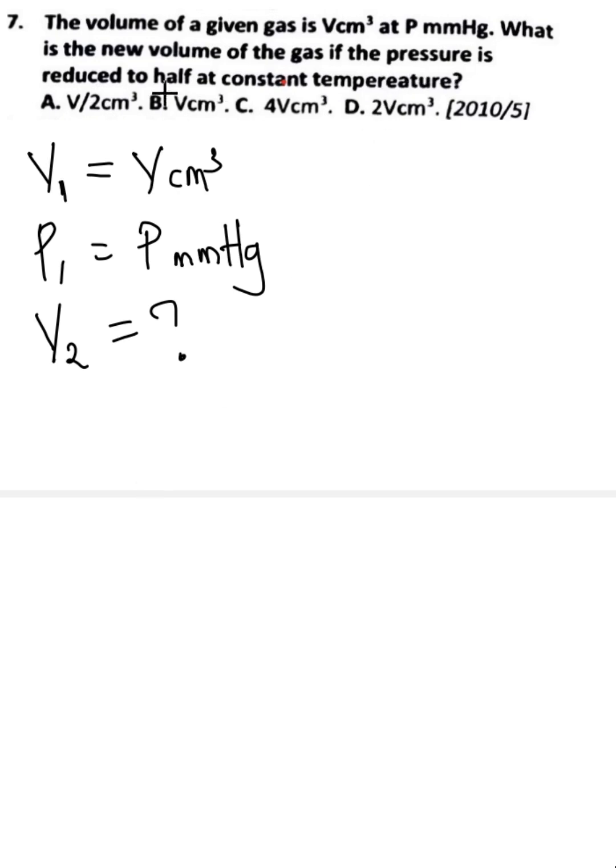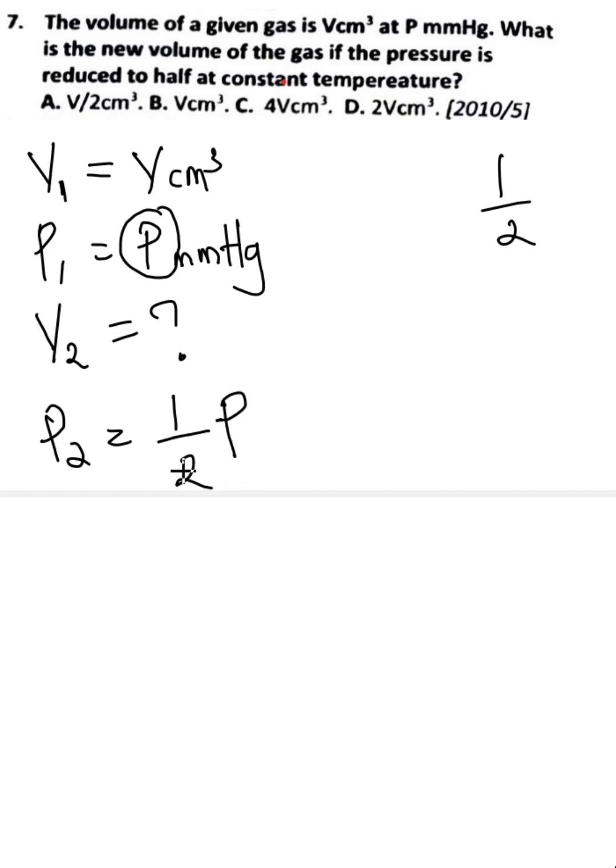If the pressure is reduced to half, that is P2. Take note, the initial pressure is P. If we reduce it to half, half means 1 over 2, so our P2 becomes 1 over 2 P. That is half of the initial pressure.